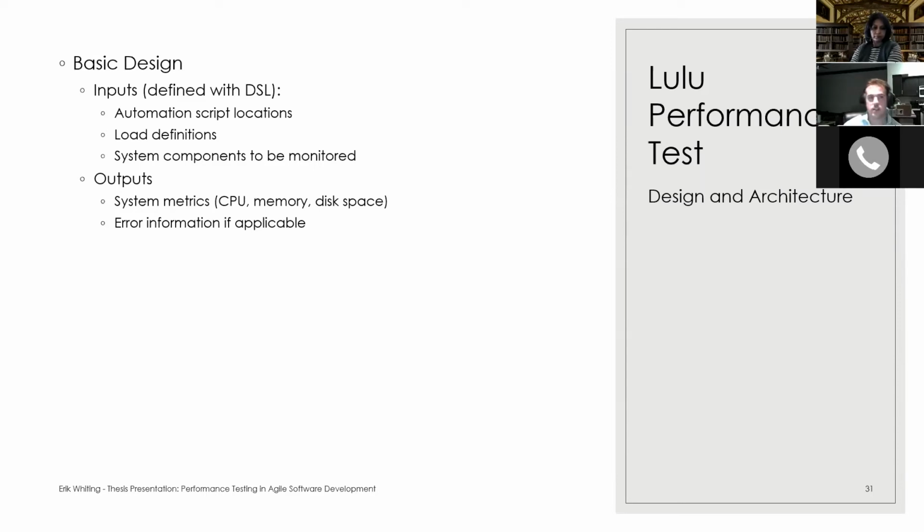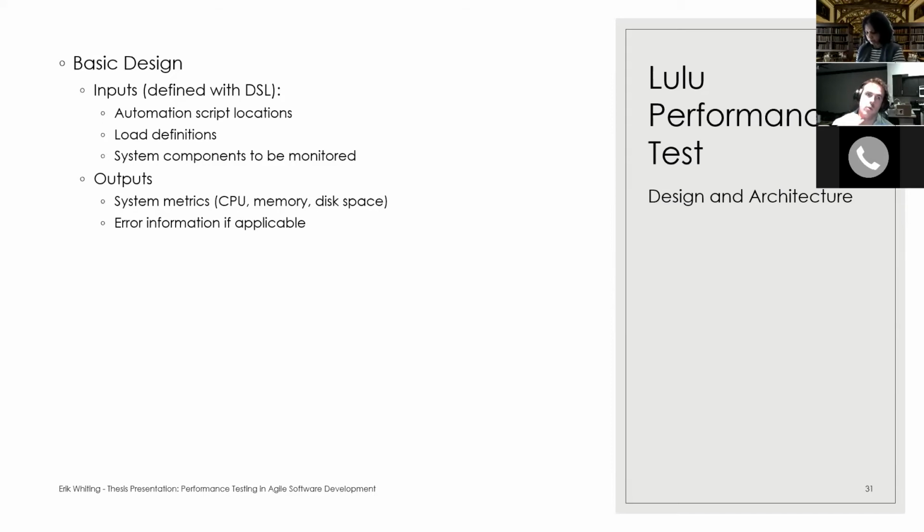And then the system is going to report those metrics, and also any error information if necessary. An automation script, in case anybody doesn't know, is a script that we write in a programming language that's going to simulate users. We can tell the computer to go to this website, click on this link, and expect this.